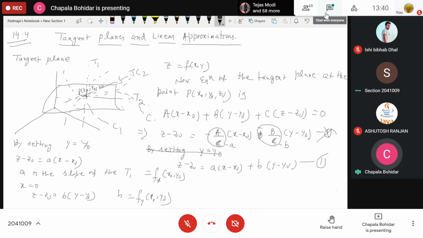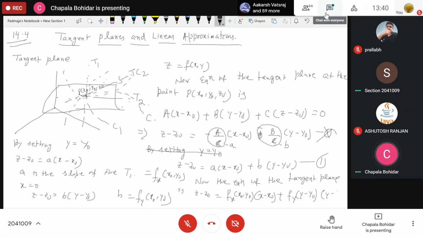Now by substituting these values, the equation of the tangent plane is z minus z0 is equal to fx(x0, y0) into x minus x0, plus fy(x0, y0) into y minus y0.